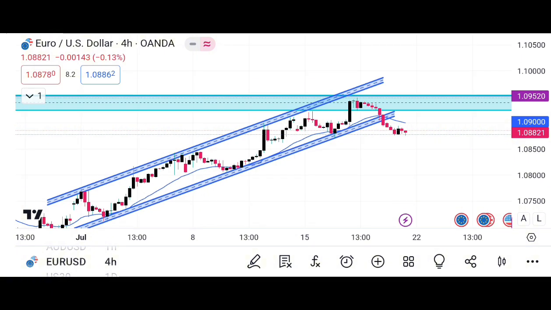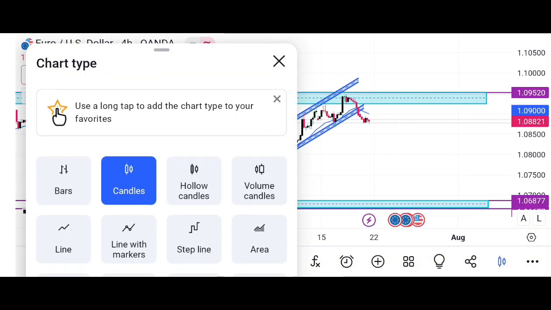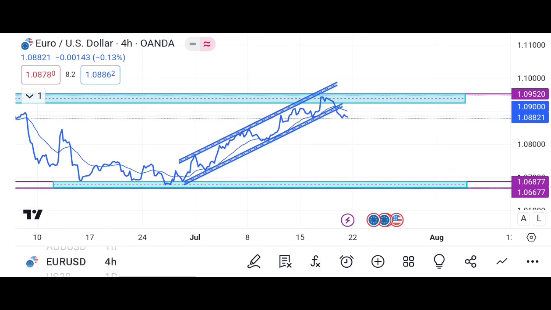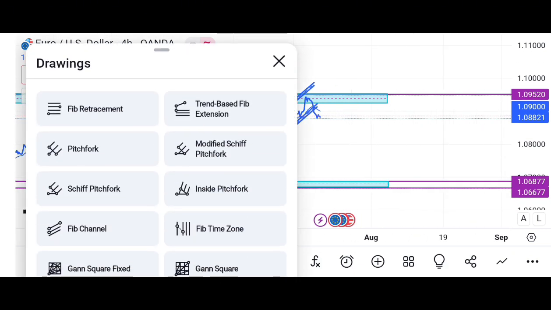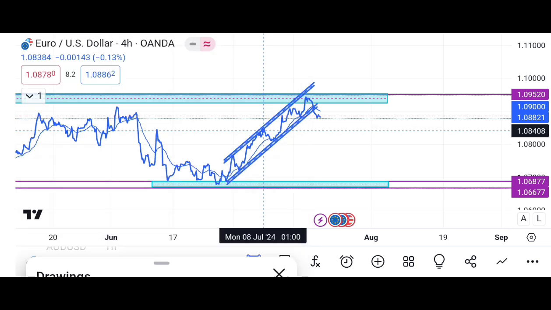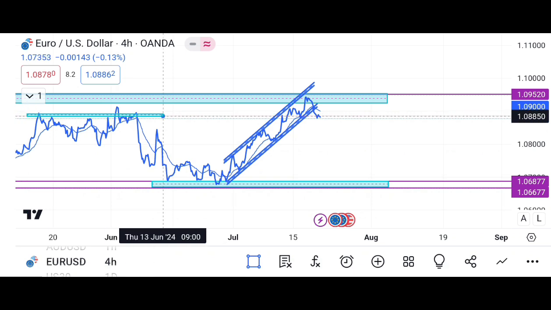The market is currently going for bears. Then I'm going to go to my line chart mode again. Why am I going to line chart mode, guys? Identifying important zones that I need to see within the 4 hour time frame.